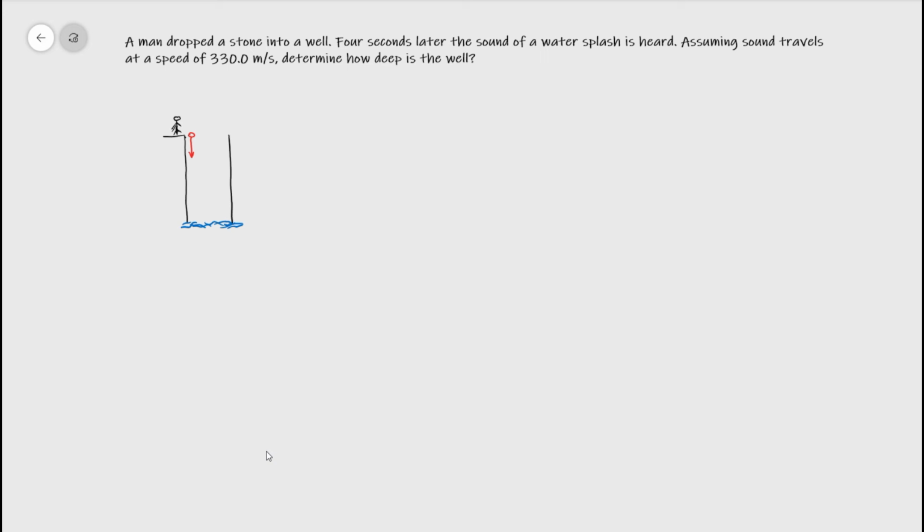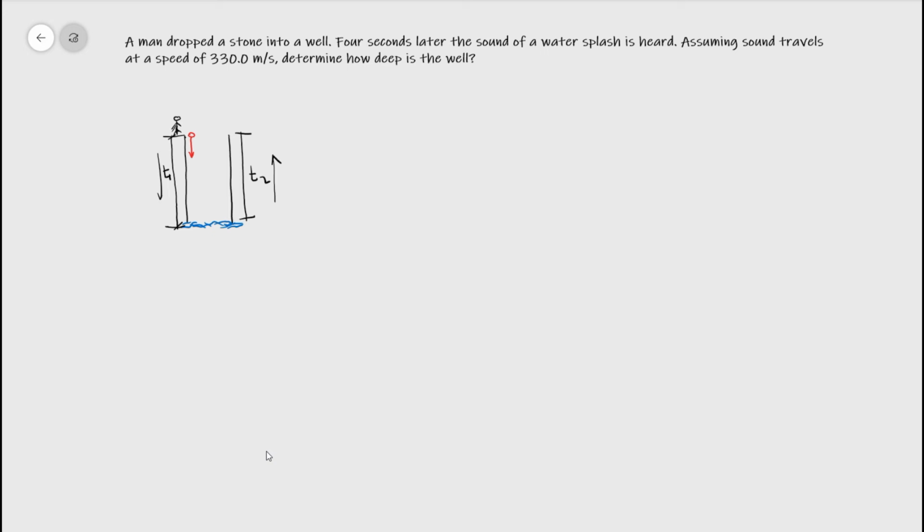Meaning there is a time where the stone traveled downward, let's say this is our T sub 1, and a time when the sound traveled upward, let's say this is our T sub 2. T sub 1 is when the stone traveled downward, and T sub 2 is when the sound of the water splash traveled upward.